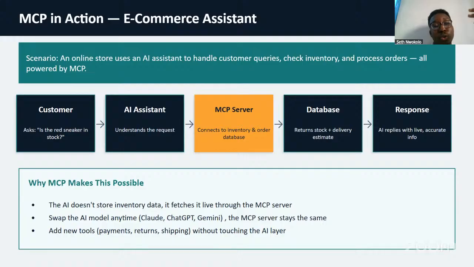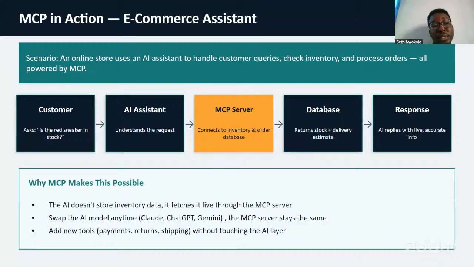So the customer will ask, is the red sneaker in stock? Again, the beautiful part about using AI and MCP is that you're able to ask questions naturally, in natural ways of speaking. You don't have to do anything else.